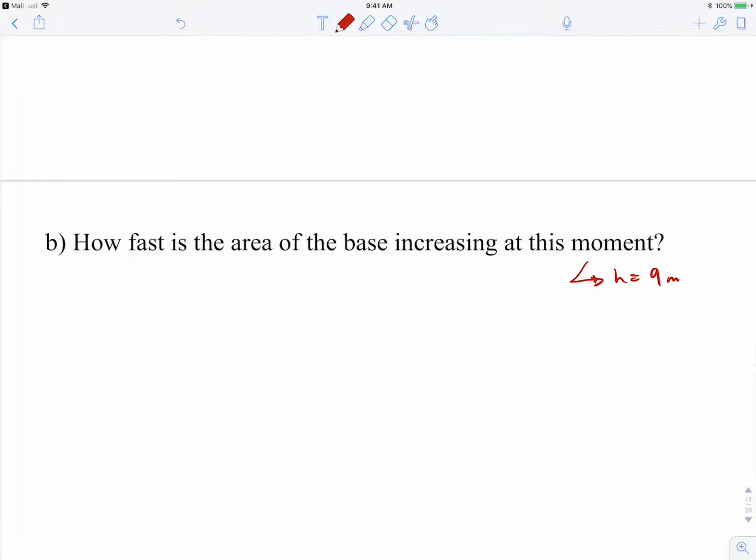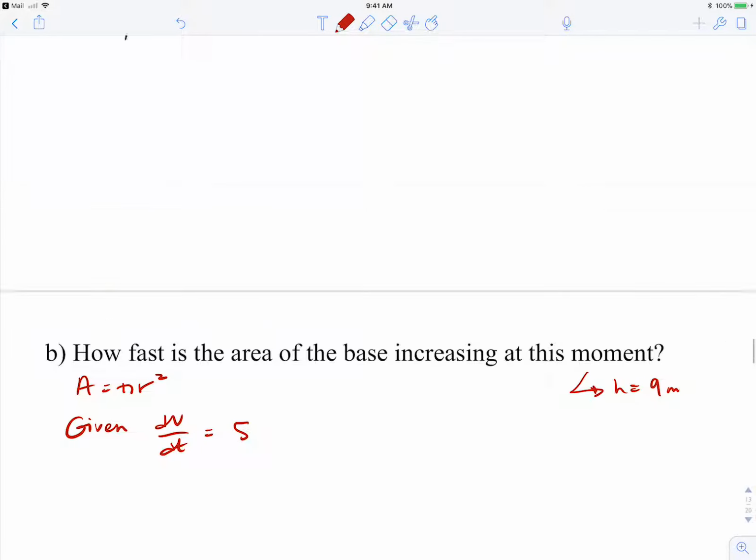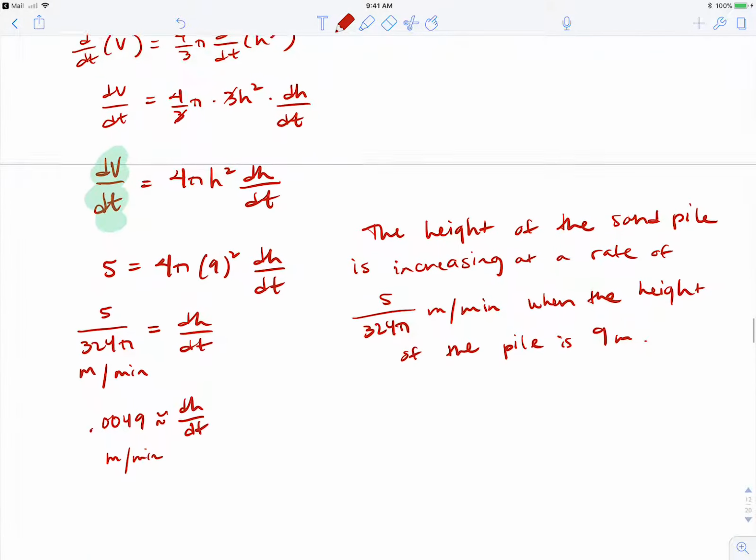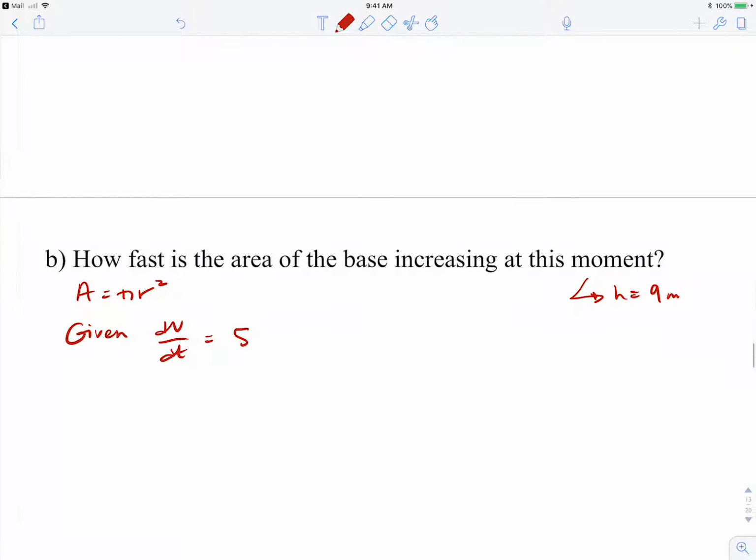And we know that the area of a circle is pi r squared. We're given the same information as before, that dV over dt is equal to 5 cubic meters per minute.